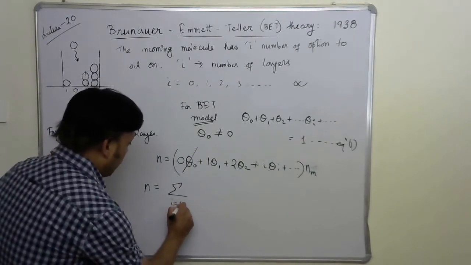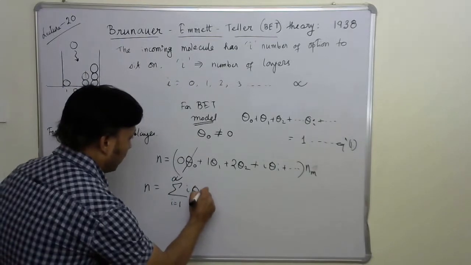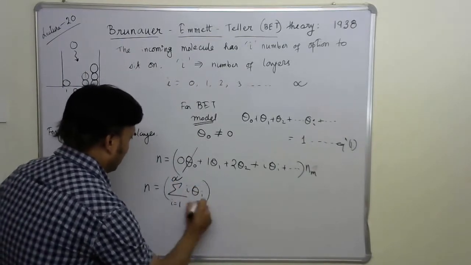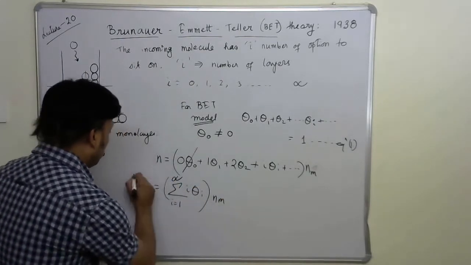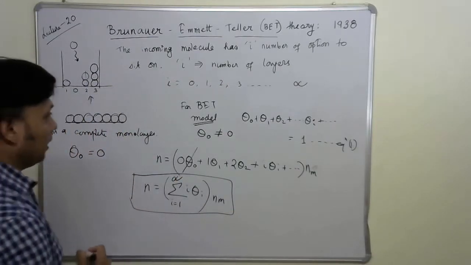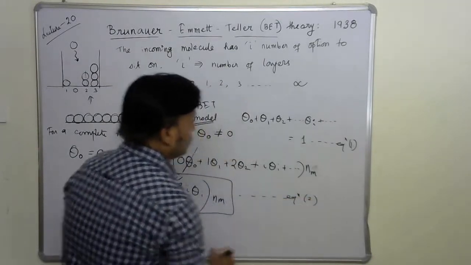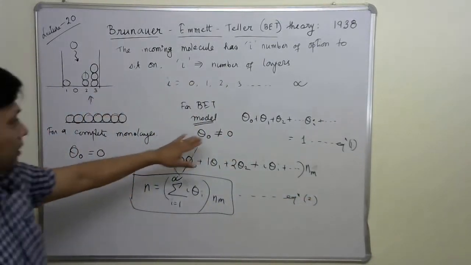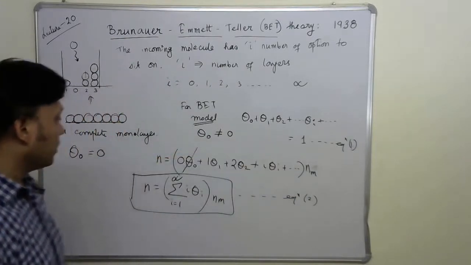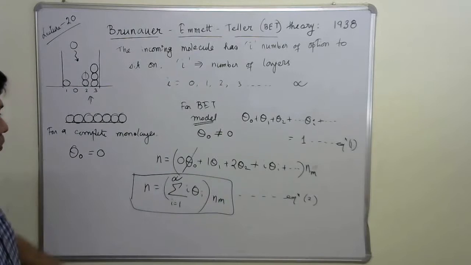The sum from i equal to 1 to infinity of i theta i, multiplied by nm. Here we get one more equation, and we call this equation number 2. So we have equation number 1, and also equation number 2.